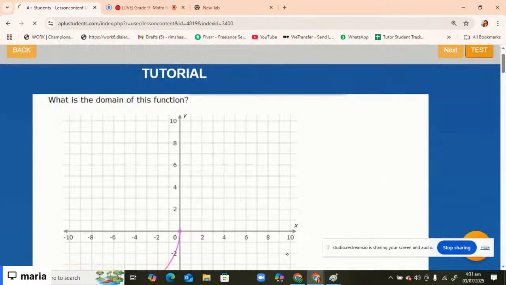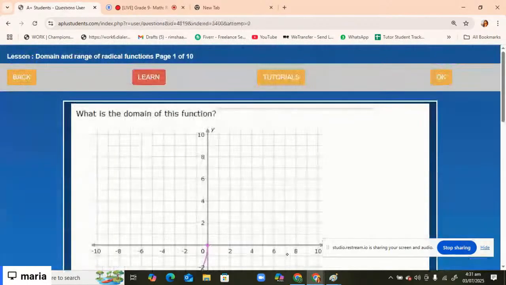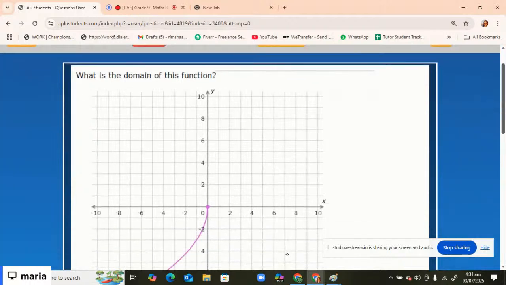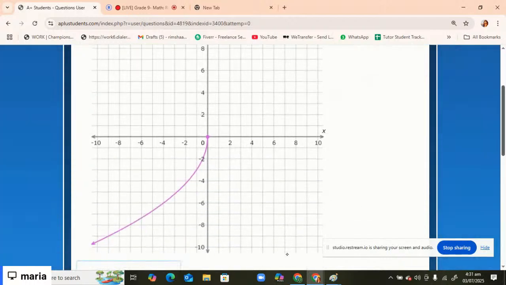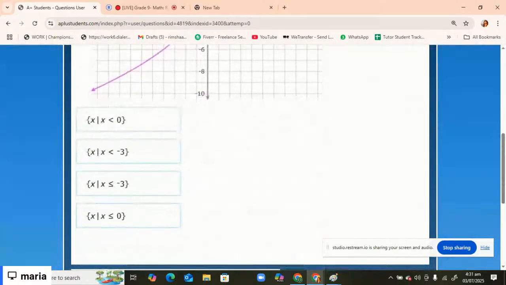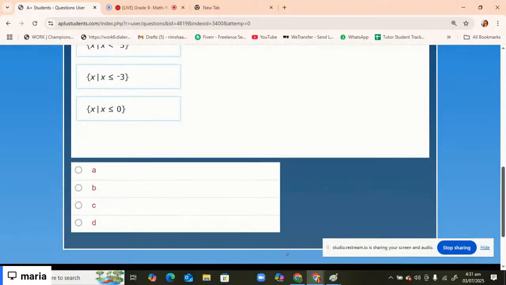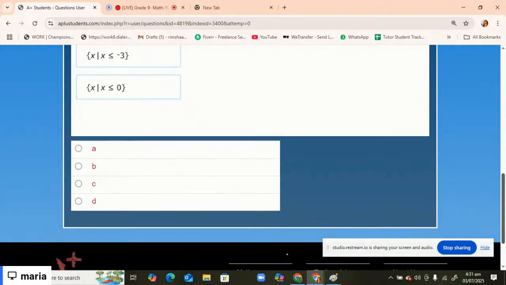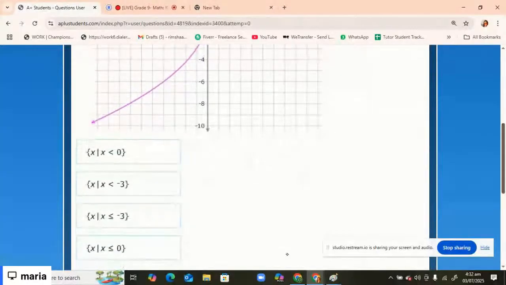Let's do the test questions. What is the domain of this function? First option is only less than 0, then less than -3, then less than or equal to -3.